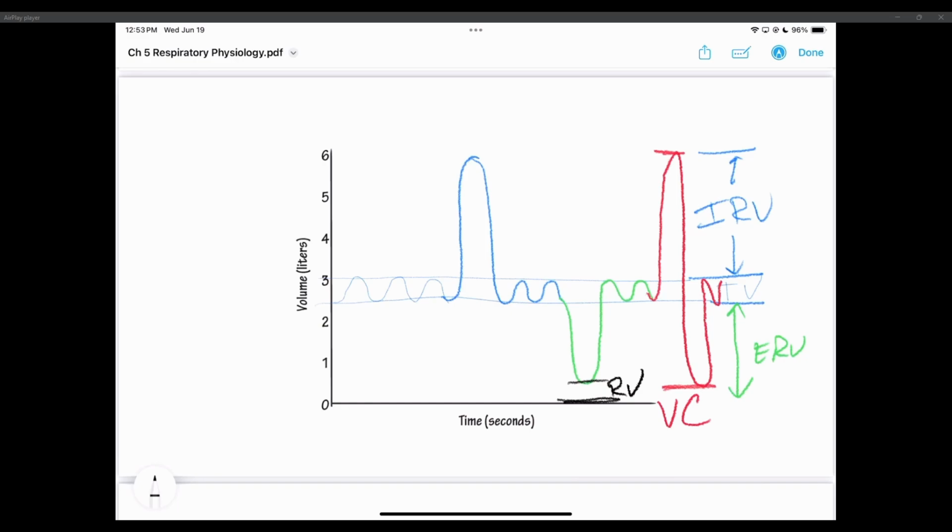So volumes are always one unit by itself. So tidal volume, inspiratory reserve volume. What we do is start adding them together. So we get inspiratory capacity. How much can we inspire? Which is the tidal volume plus your inspiratory reserve volume. That's our inspiratory capacity.